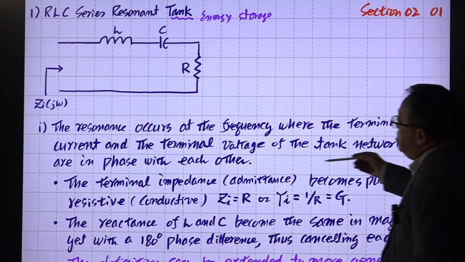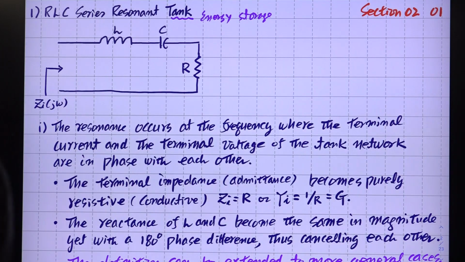At that frequency, the terminal current and terminal voltage are as follows. We assume this is a sinusoidal voltage.